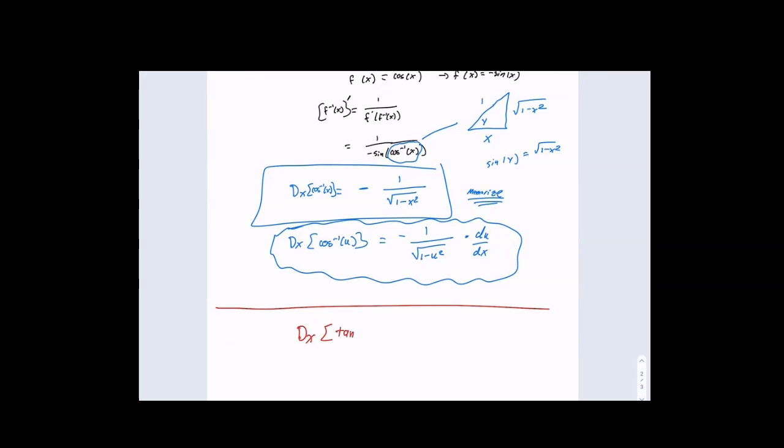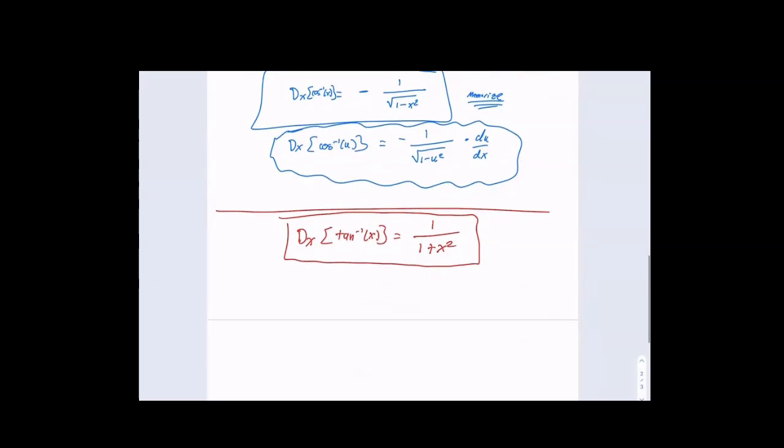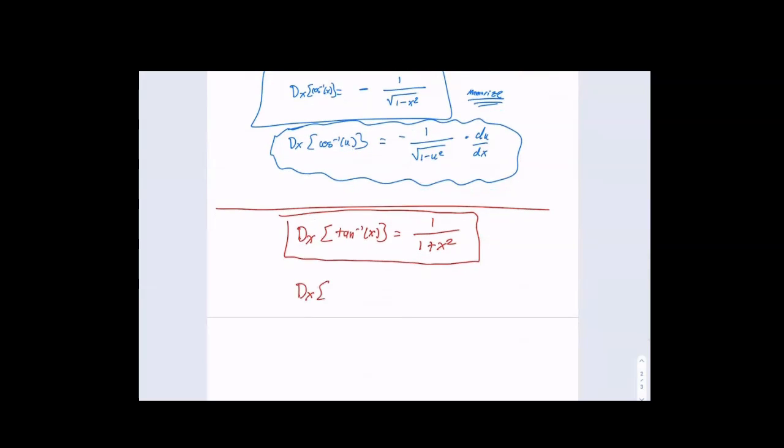The derivative of inverse tangent of x is 1 over 1 plus x squared. So therefore, the derivative of inverse tangent of u is equal to 1 over 1 plus u squared times du dx. Memorize them.